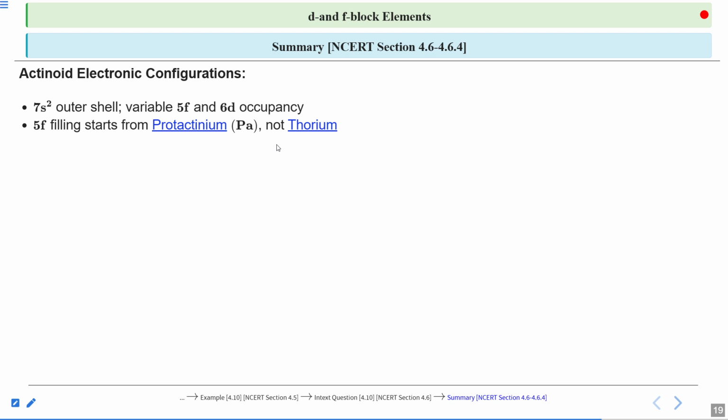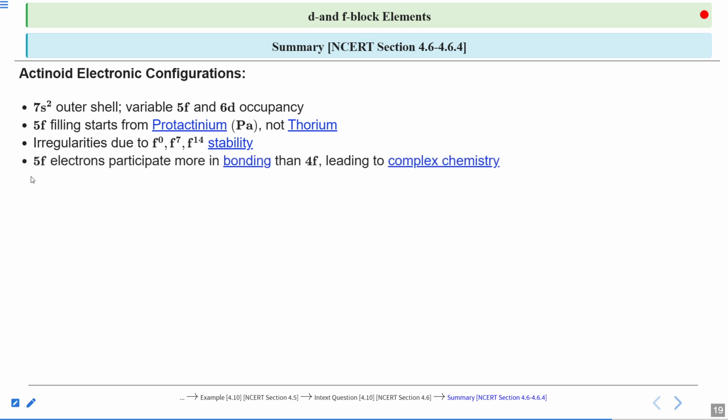If you observe the electronic configuration, the 5f orbital starts filling from the element protactinium. The irregularities in the electronic configuration have been observed due to the f0, f7 half-filled configuration stability and f14 full-filled stability. 5f electrons participate more in the bonding than the 4f electrons, leading to a complex chemistry.